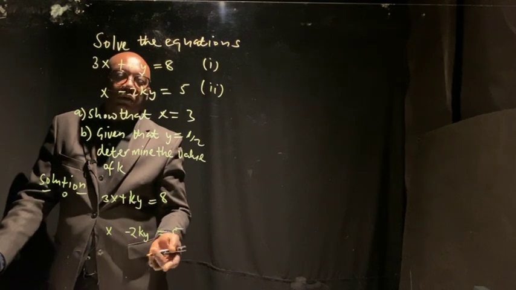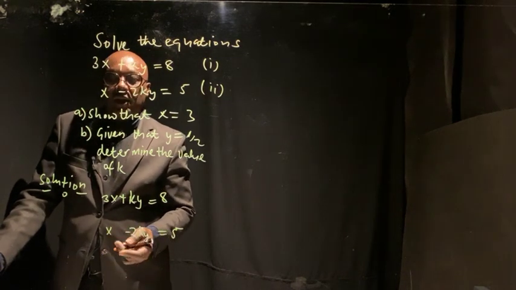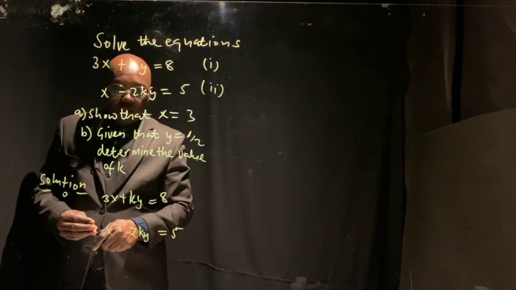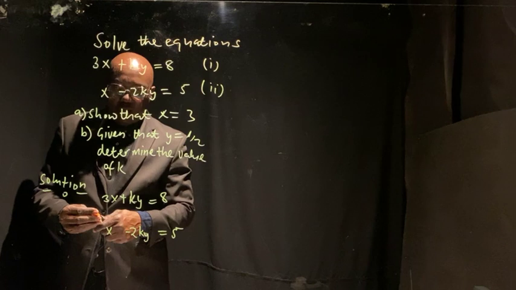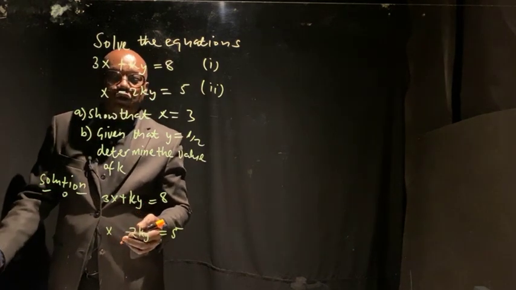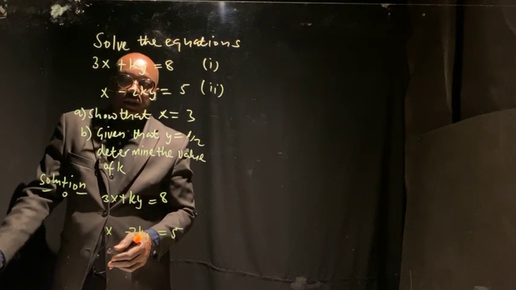Whichever way we go, we are not going to have it wrong. But since this is a private tuition, I think we have to go far. We have to stretch ourselves to show you the alternative approaches to solve such kind of equations.